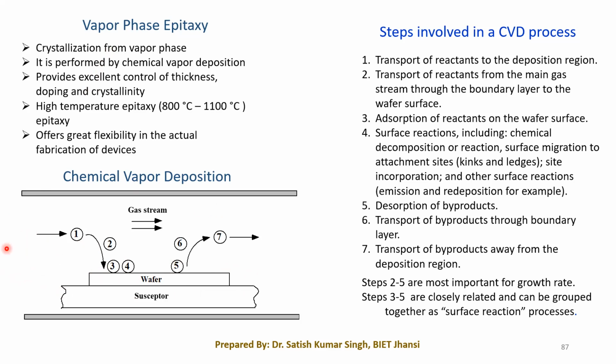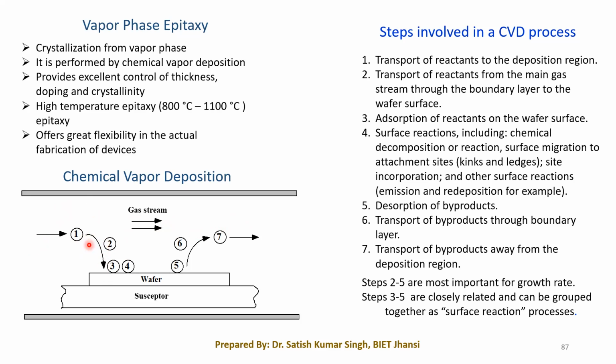So we have to introduce the gases into the chamber. Later on, these gases will be taken to the wafer surface through the boundary layers. The design of our chamber will be like that.